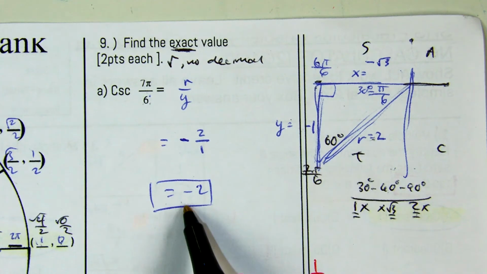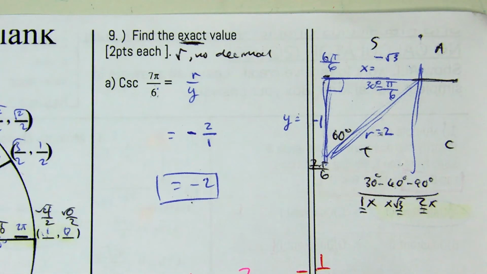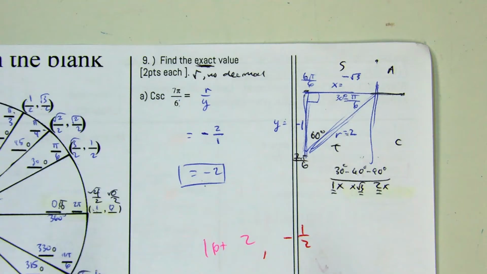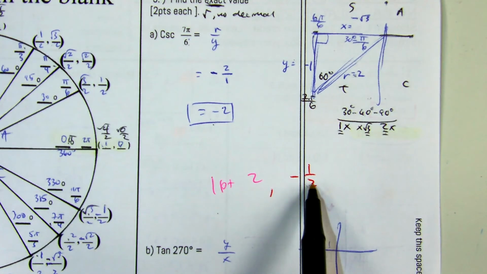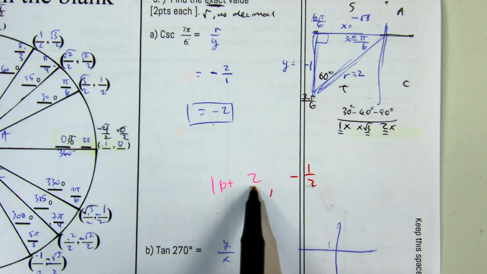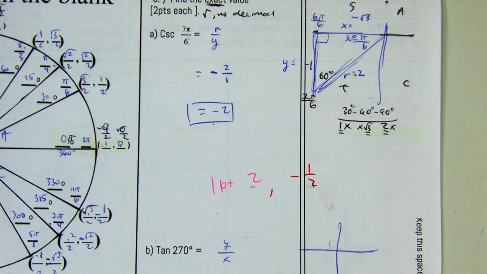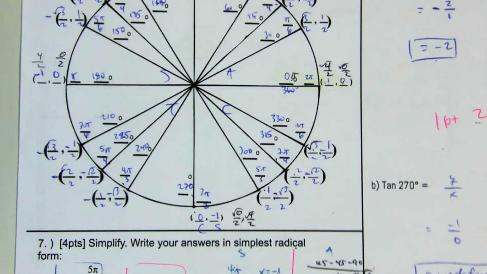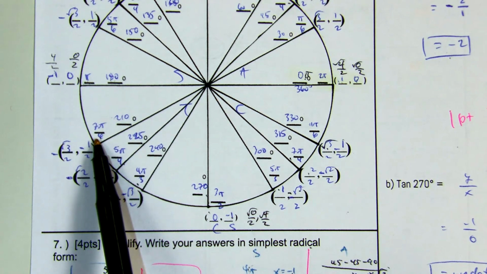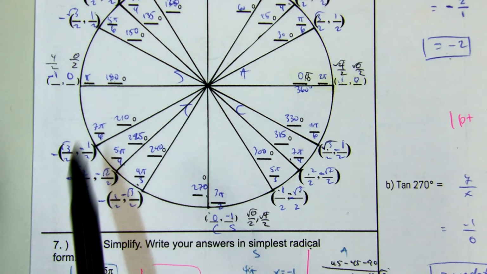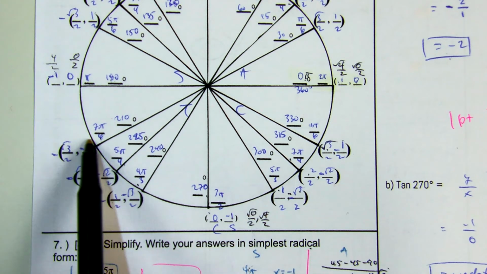I gave you 1 point if you said negative 1/2, or if you just said positive 2. If you wanted to use the unit circle there, 6 pi over 6, 7 pi over 6, cosecant is reciprocal of sine, so you would just take negative 1/2 and flip that, and you'll get negative 2.